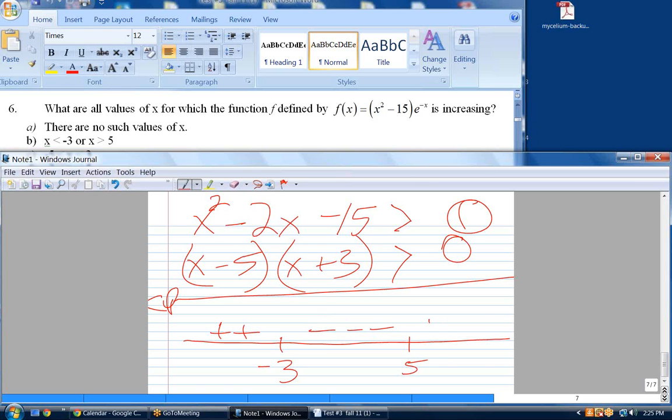And if I check points to the right, I get that. So my answer is x is wherever I'm seeing pluses. So x has to be greater than 5 or less than minus 3. B. Okay?